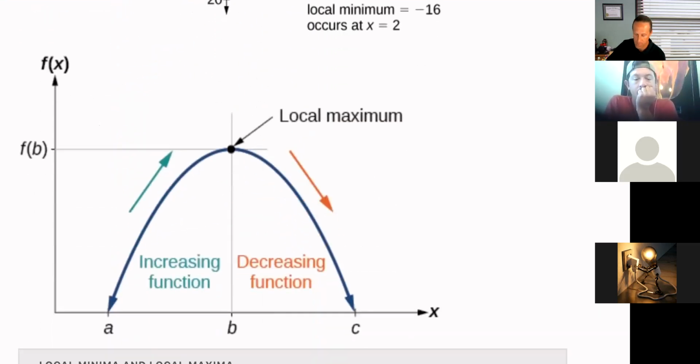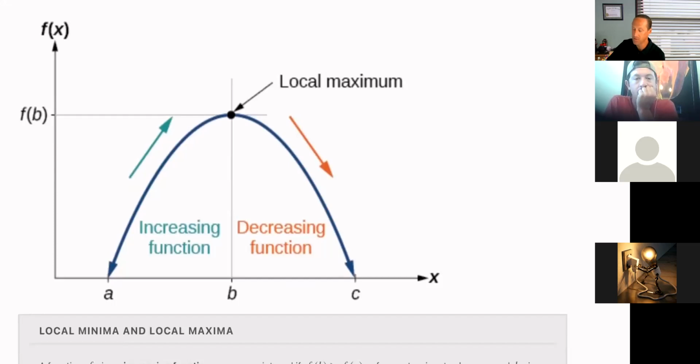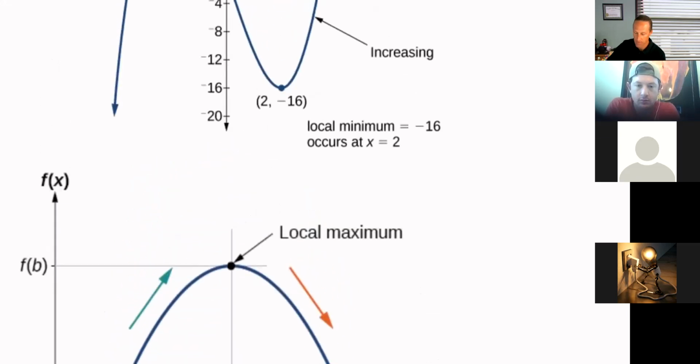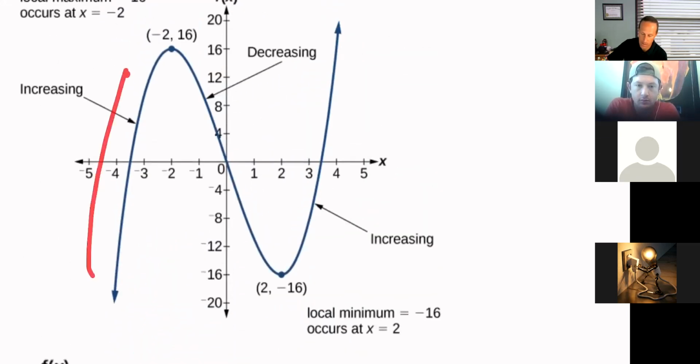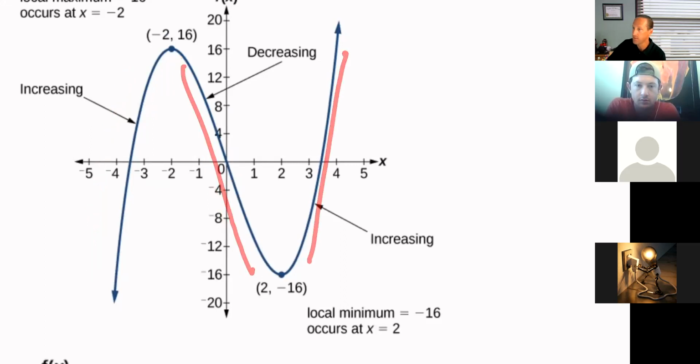So if you hear those terms, that's what we mean. So how can you find those maximums or minimums? We like to say maxima or minima for plural, where it changes from increasing to decreasing or decreasing to increasing.